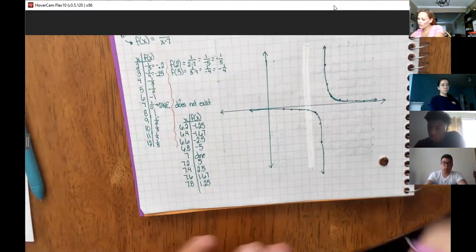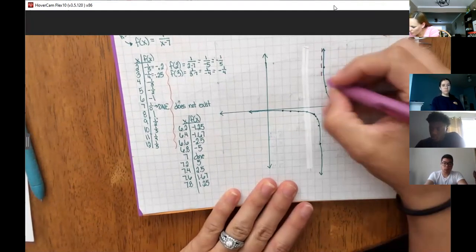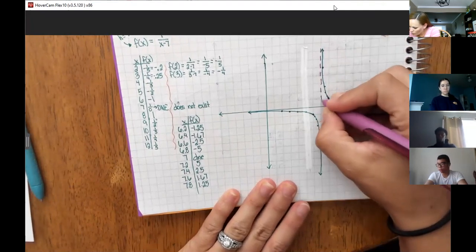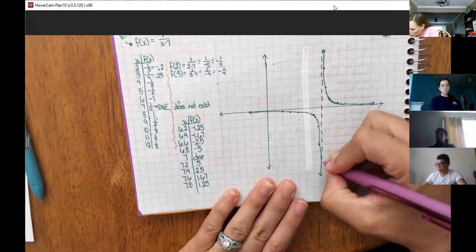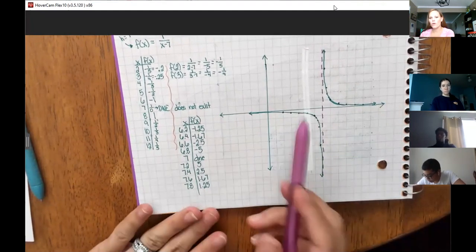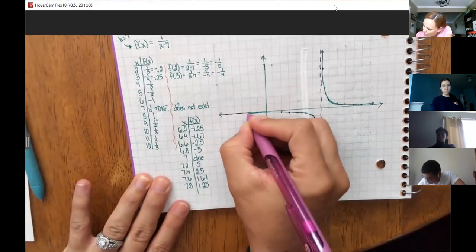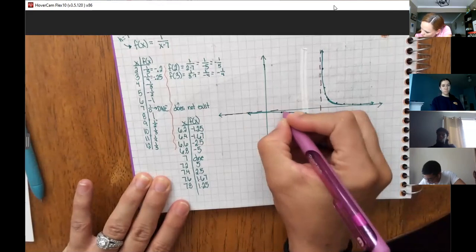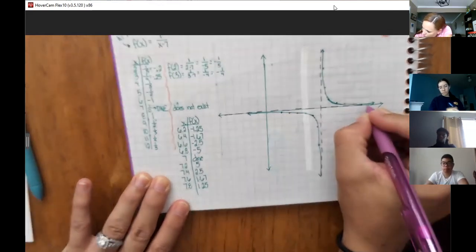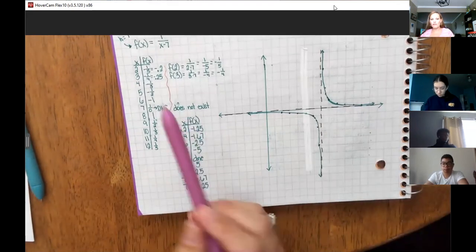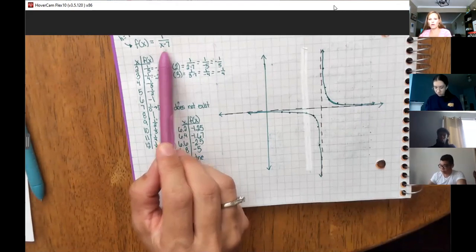And so right here, I'm going to put a dash line in a different color. It never quite reaches 7. 7 does not exist. Also, on this x-axis, I'm putting another dash line because it's never going to be equal to 0. 1 divided by some number can never give us 0. It'll get close to 0, but it'll never be 0.